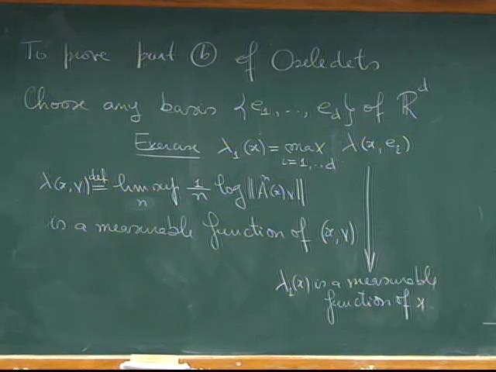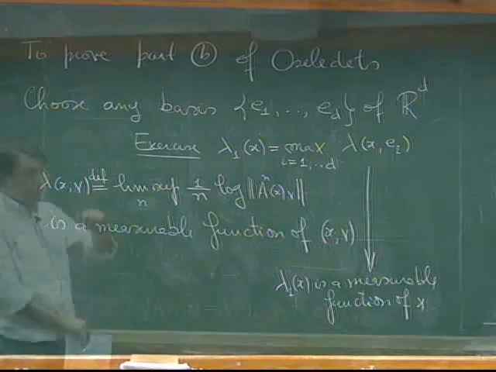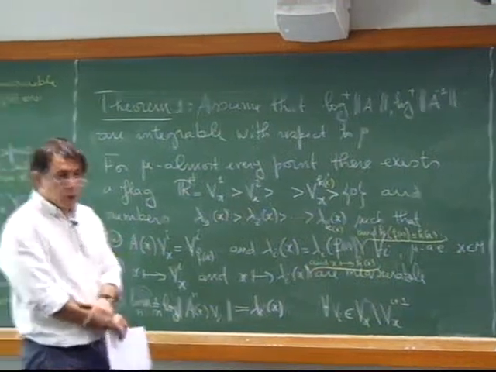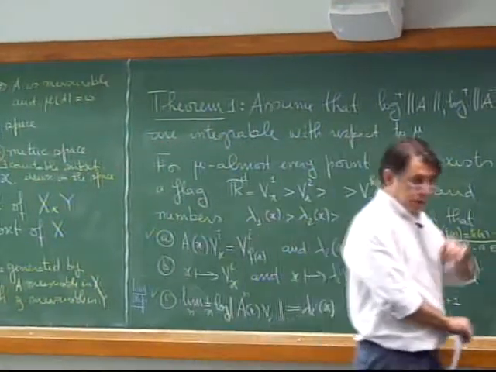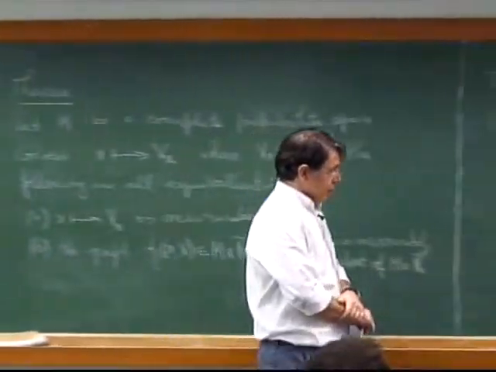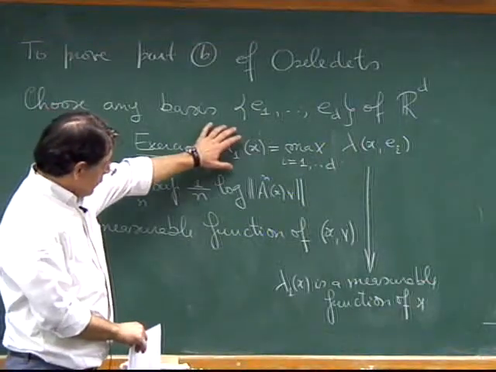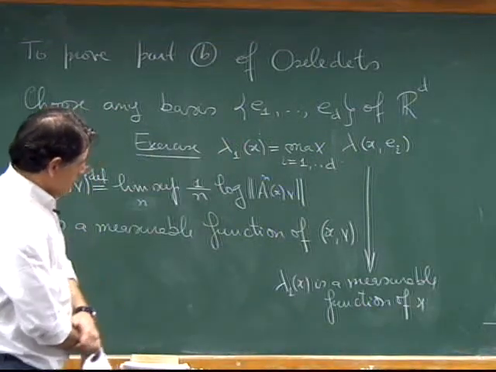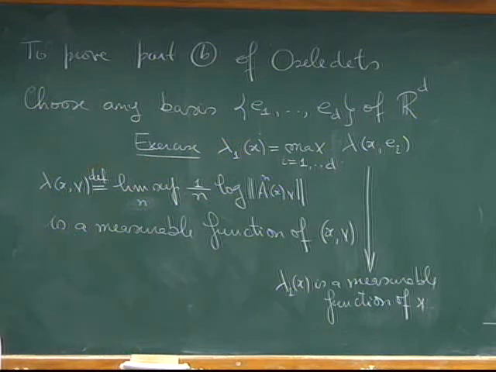Each one of them is measurable. If I were taking the maximum over all v's, that would be more complicated, because that would be a maximum over a continuum of functions. But since this is just over a countable set, the result is still a measurable function.